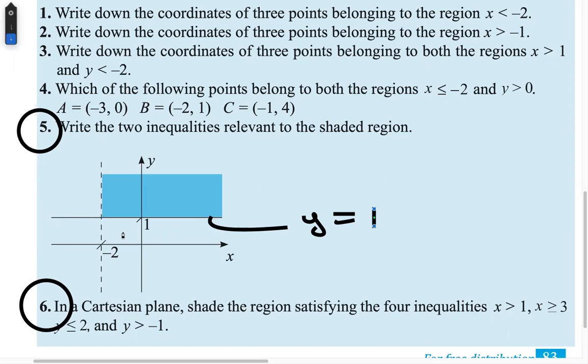And what about this? This is x equals to -2.